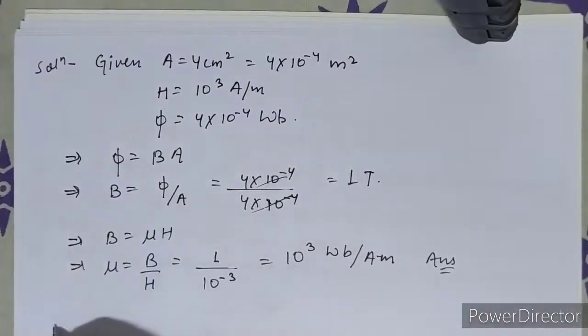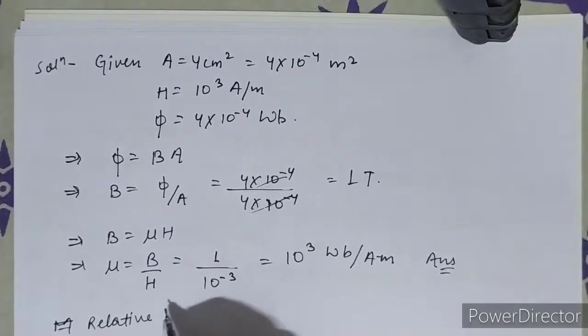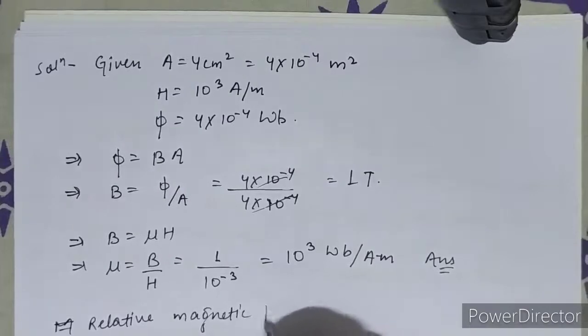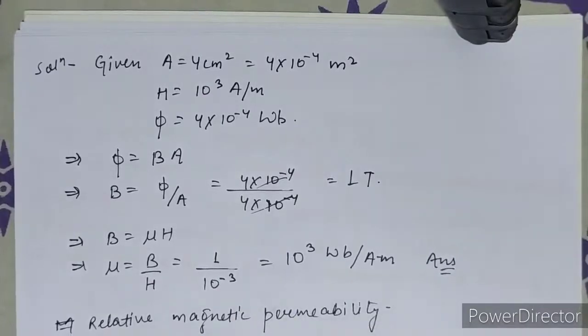Next we have to calculate the relative magnetic permeability, that is mu R is equal to mu upon mu naught.